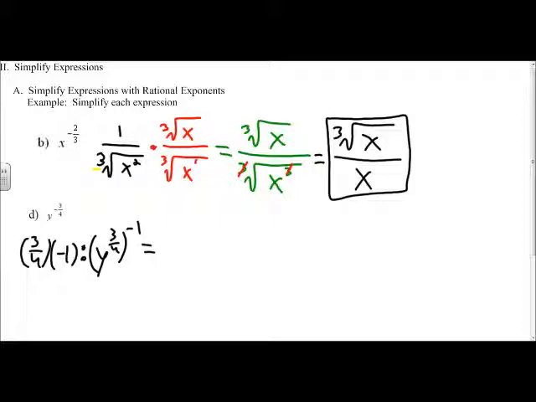From here we say that that will become 4th root of y cubed to the negative 1, in which case here we have 1 over 4th root of y cubed.